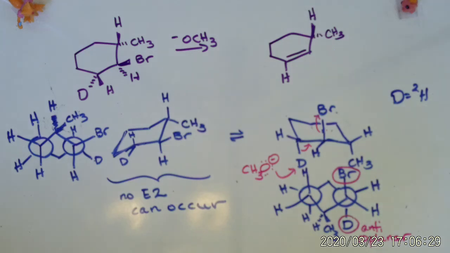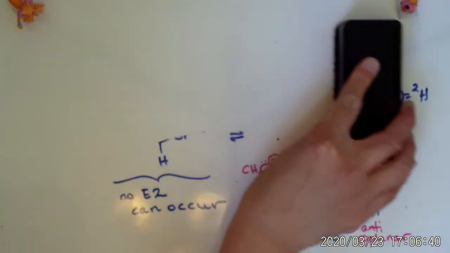Okay, so that's how we handle doing an E2 on cyclohexane type systems. Okay, last E2 reaction. So we've done an E2 with strong bases and an alkyl halide.